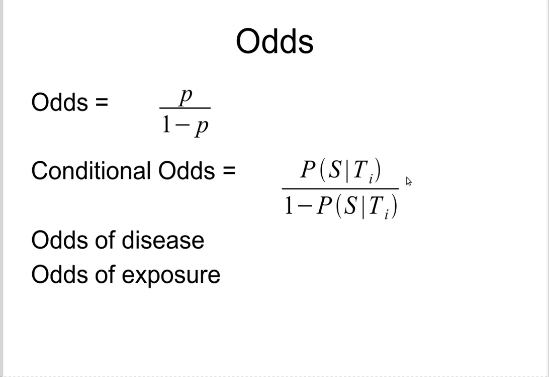And we can have conditional odds just like we have conditional probabilities. We can also have, for example, the odds of disease or the odds of failure. And it turns out that in some contexts which we'll be describing, we can also have the odds of exposure.